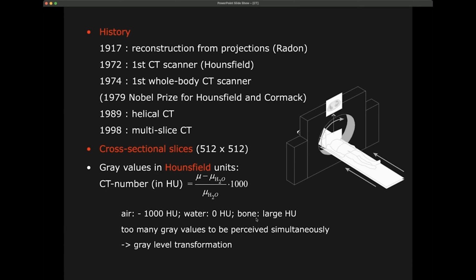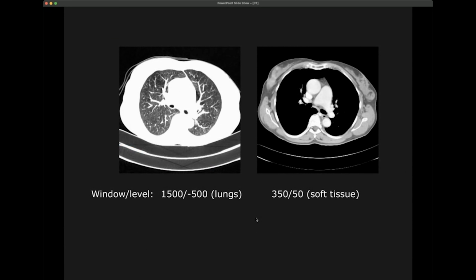So we need to do some processing in order to emphasize in some ways what we see. This is something I showed you also when we looked at projection X-rays. Depending on what type of tissue we're looking at, we can choose the gray values that cover it. And you see here a cross-section.